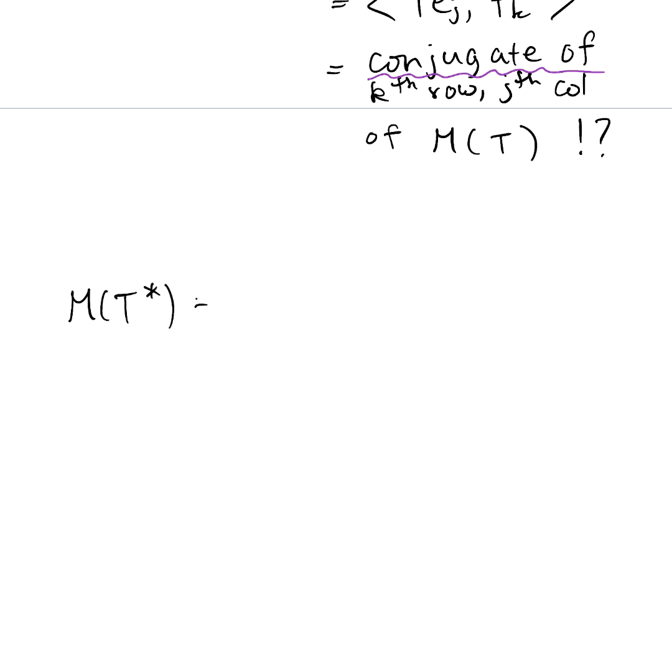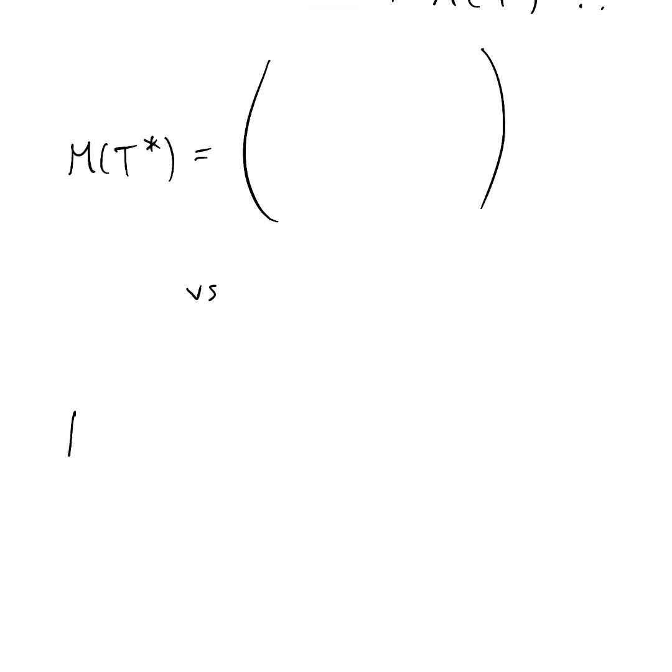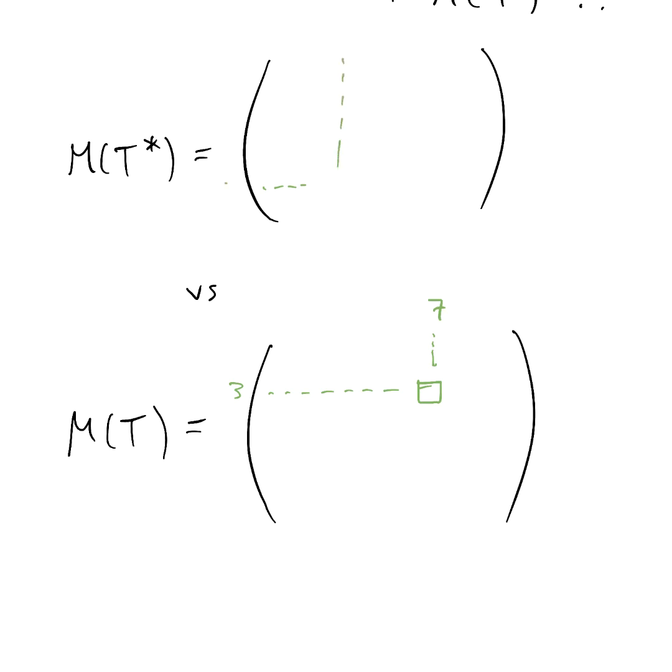If you want the matrix for T star, and it looks something like that, and you have the matrix for T, and it looks something like this, let's say you're in the third row, 7th column for T. We just proved that in the 7th row, third column of T star, you have the conjugate of whatever was in the third row, 7th column of T, which makes these matrices conjugate transposes of one another.